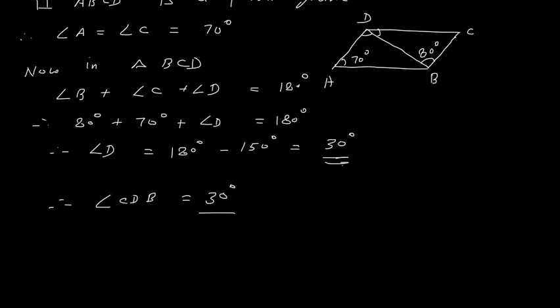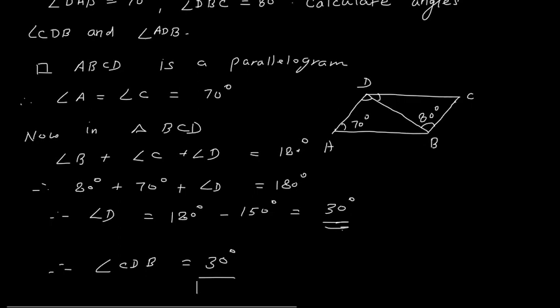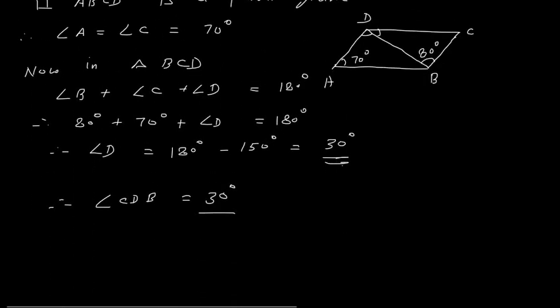Okay, now what else will we do? Now we have to find angle ADB. So for angle ADB, what will we do? I will say that angle DBA is equal to angle CDB, which is equal to 30 degrees.